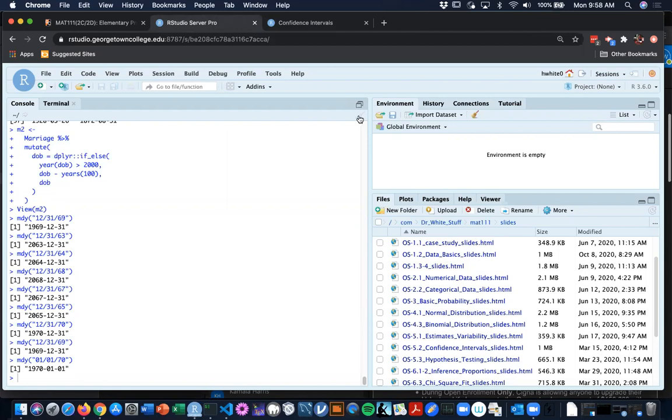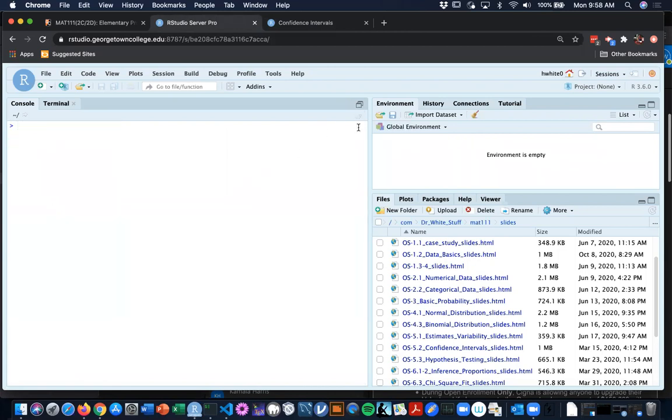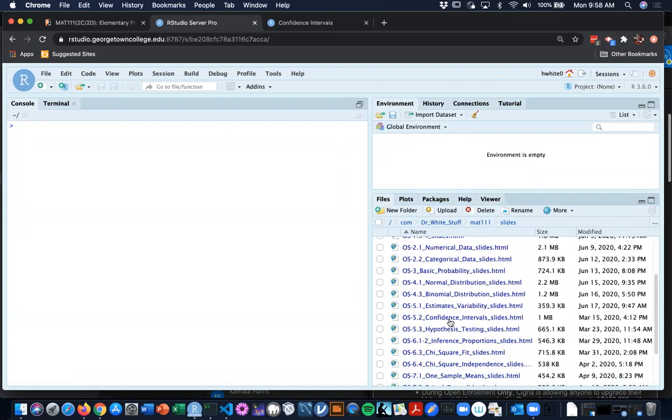Sometimes I even like to clear my console. There's a little broom I can push there. And over in slides, you'll be wanting to study 5.2 confidence intervals along with the screencast if you have not done so already. I've opened up those slides, so I can leave there.